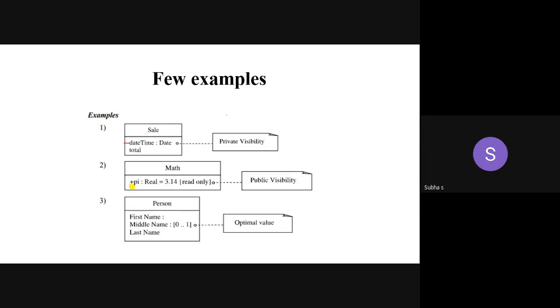So it can be an optional value, and that is specified here. It's not necessary that all persons must have a first name, middle name and last name. If the middle name is there, the multiplicity range is 0 to 1. That's it.